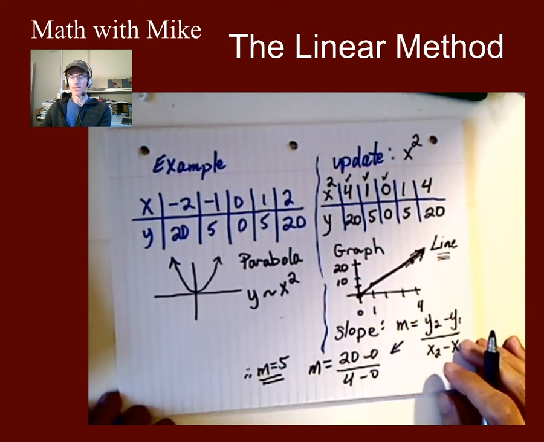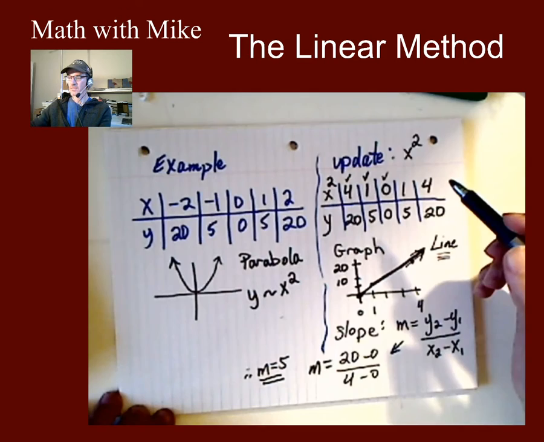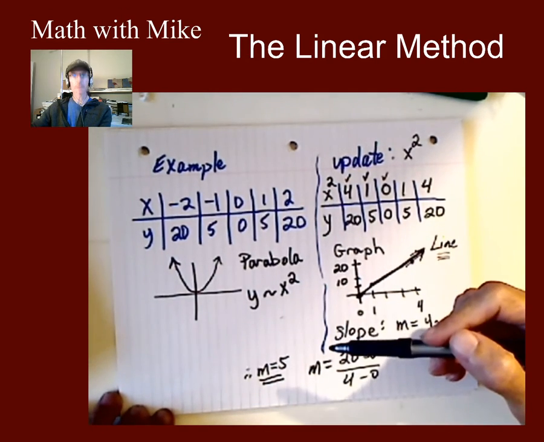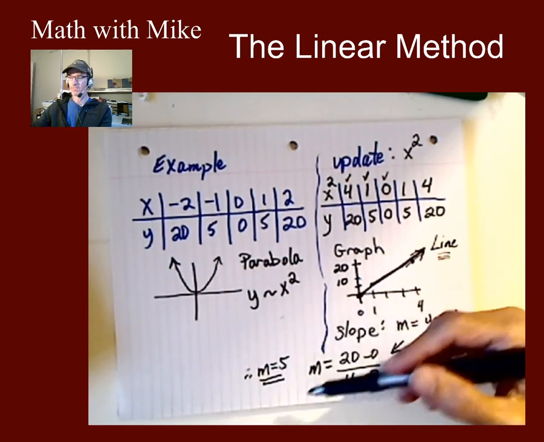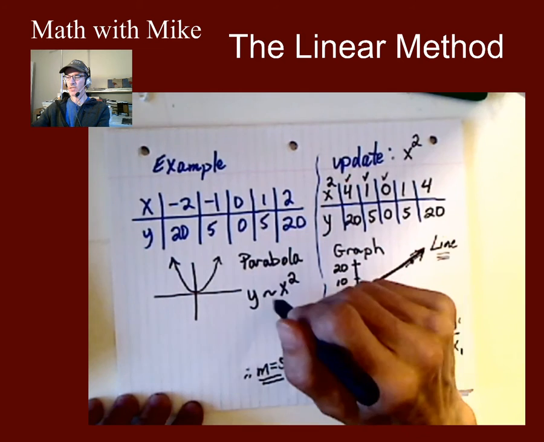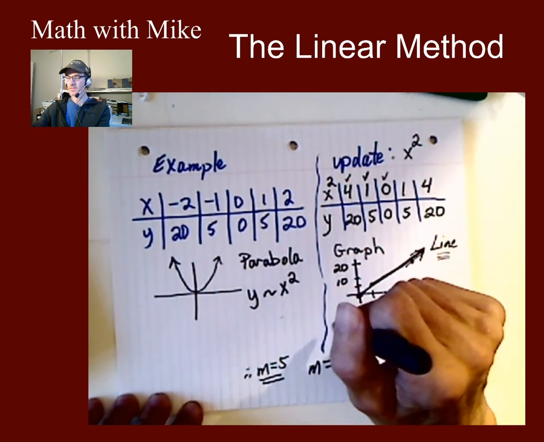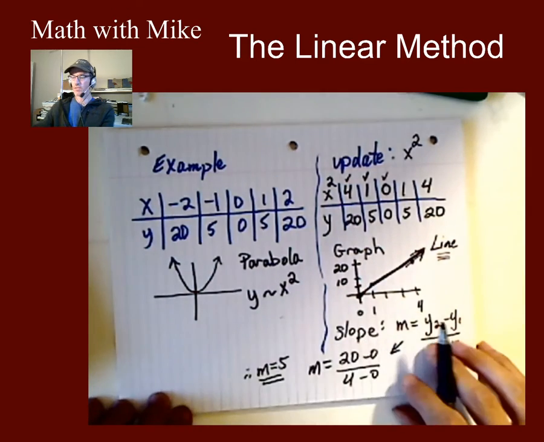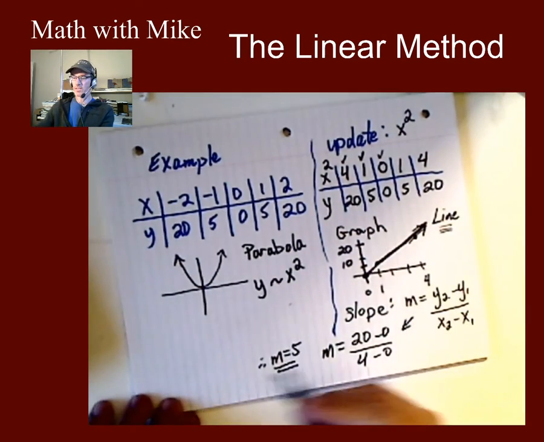Well, we're almost there. Because now what we can do is connect a couple of pieces that we saw earlier, or that are here in front of us. One of them is that y depends on x squared. And the second one is that the slope is 5. So here's how the final equation looks, how you set it up.